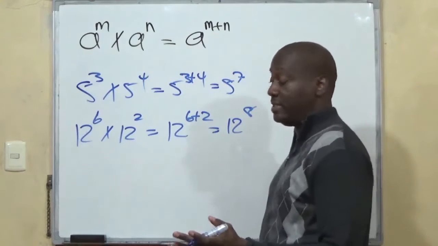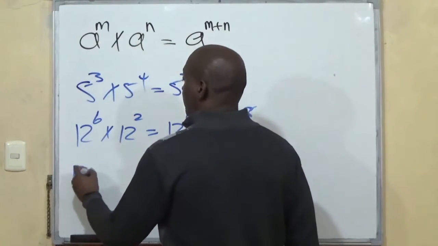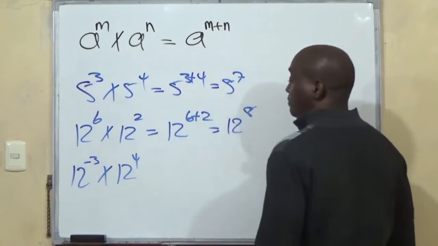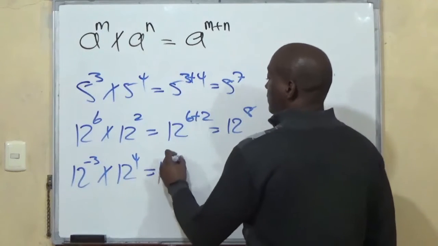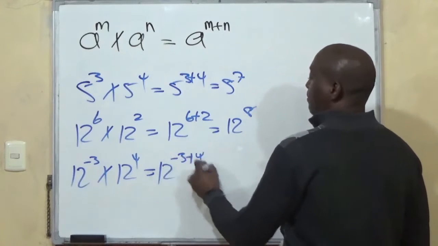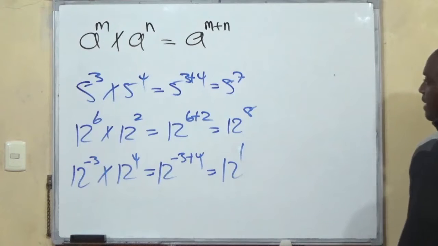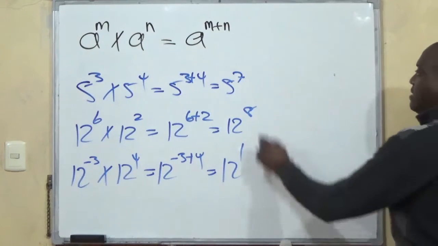Now it works with negative indices too. So if I have 12 to the power of minus 3 multiplied by 12 to the power of 4, that will be 12 to the power of minus 3 plus 4. Minus 3 plus 4 is 1, so 12 to the power of 1. It works with fractional indices as well.